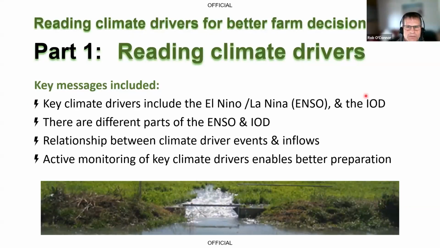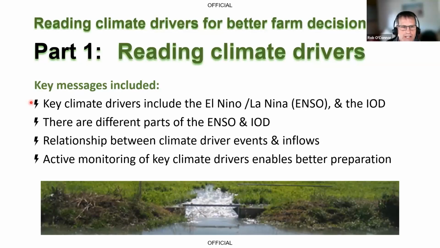These two systems both typically impact on our climate through winter and spring. There's different components to this ENSO system and the Indian Ocean dipole, and the activity or behaviour of these components affects the intensity of the climatic conditions that we experience, such as how wet or how dry it is, or how cold or hot it is.